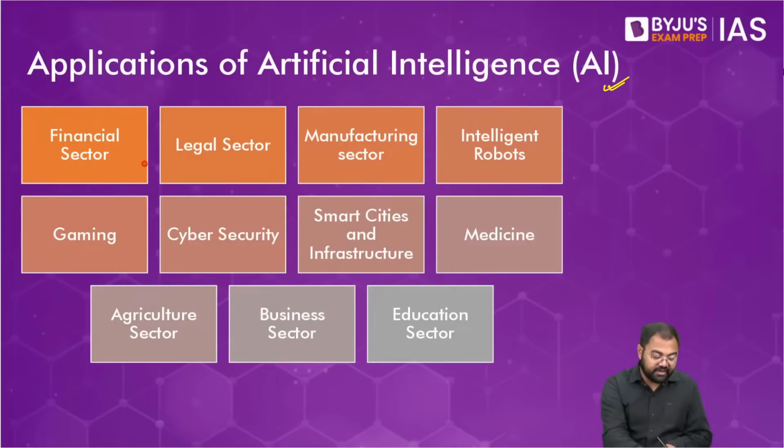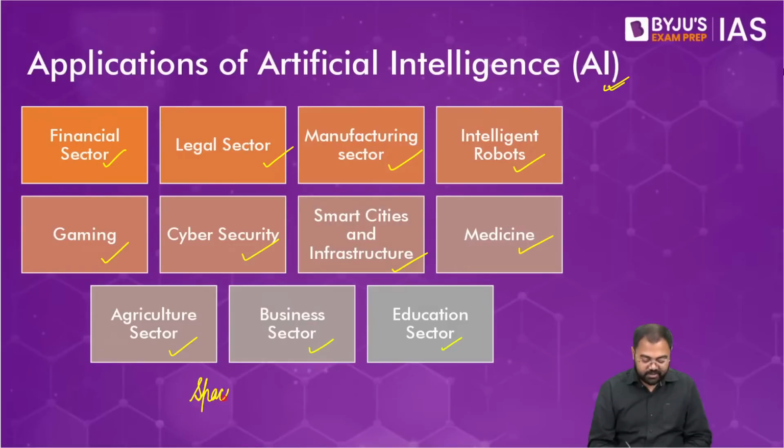So, whether it is the finance sector, legal sector, manufacturing sector, intelligent robots, medicine, smart cities, cybersecurity, gaming, agriculture, business, education, I can keep writing, space, defense, communication, electronics, the list goes on, right?